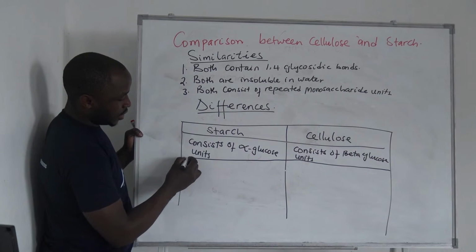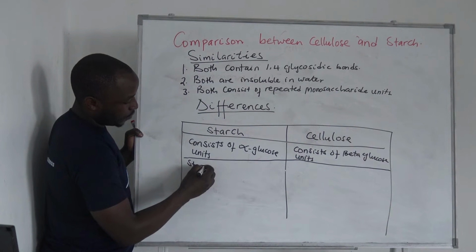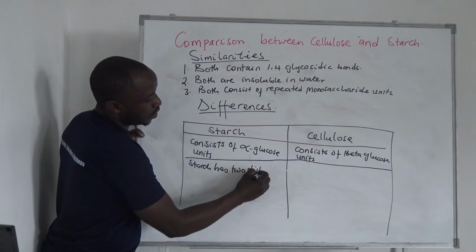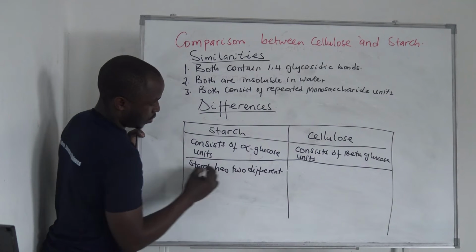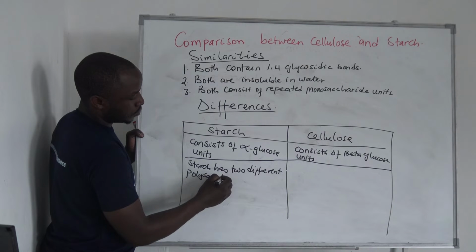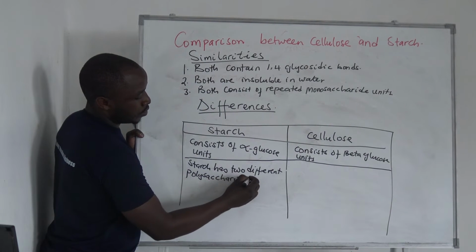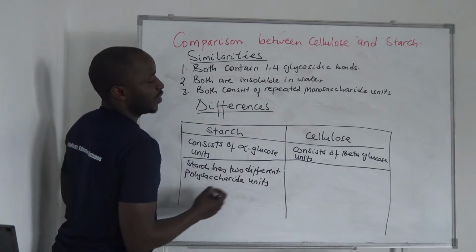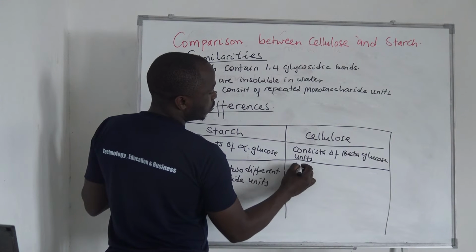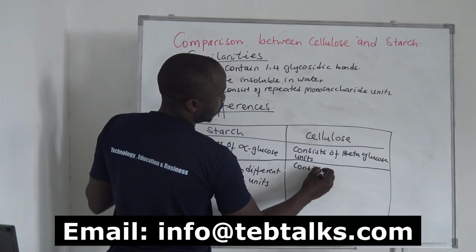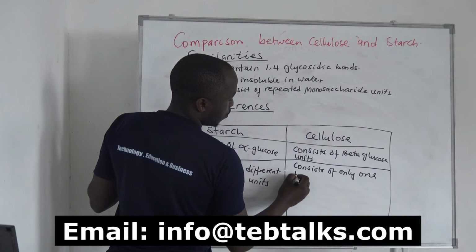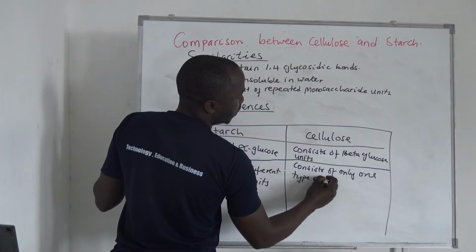We know that starch has two different polysaccharide units. We have seen that cellulose consists of only one type of polysaccharide chain.